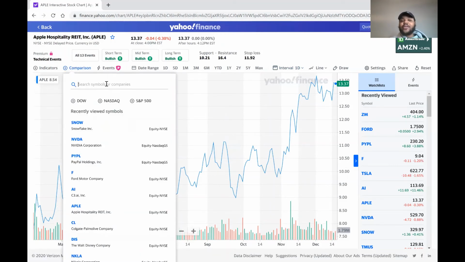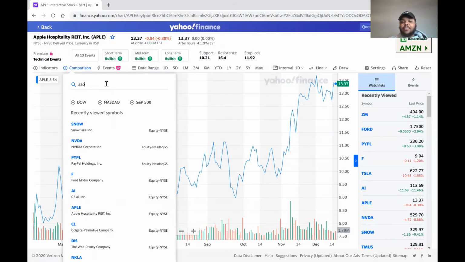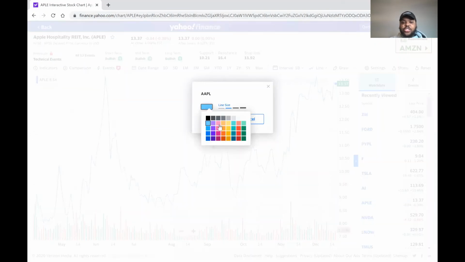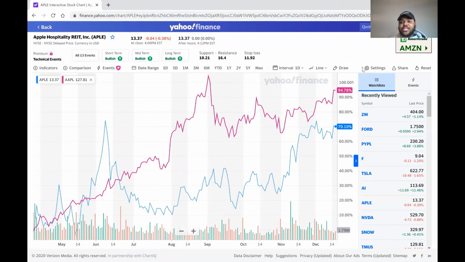And I'm going to compare it to the real Apple, or the Apple that most of us know. And that symbol is AAPL. You compare it here, change the line to something else, and you can see the difference. Now, both of these companies are up, so you would have made money in both scenarios, but one is up 94%, the other one is up 70%, which means the opportunity cost is 24%.